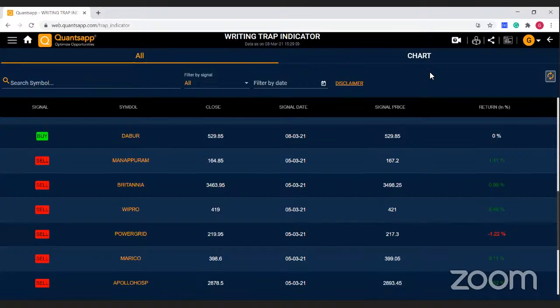So Mr. Nagraj, as I said, the trap indicator takes several factors, and it's based on volatility, volume, and open interest. There are lots of things going on at the back of this tool's algorithm, and based on that it gives the signal.